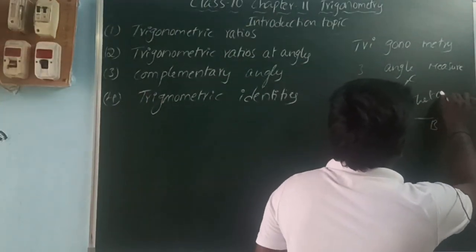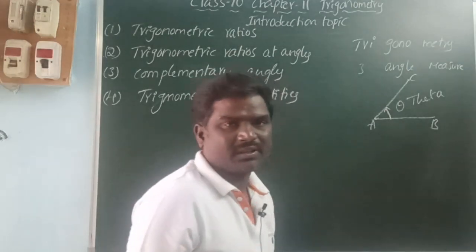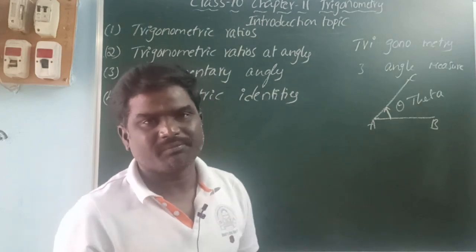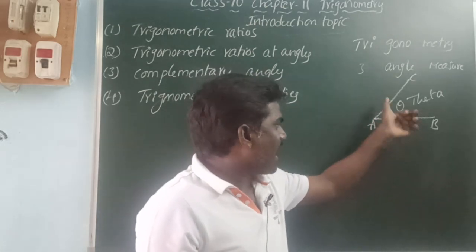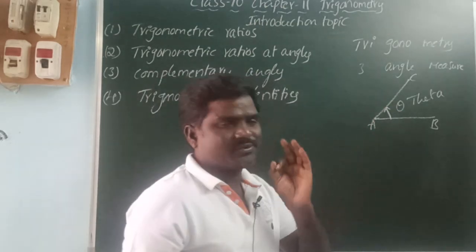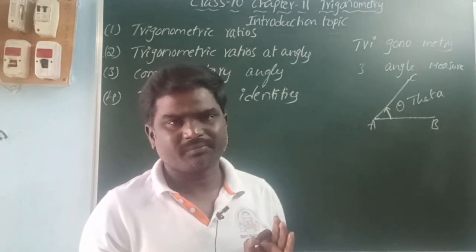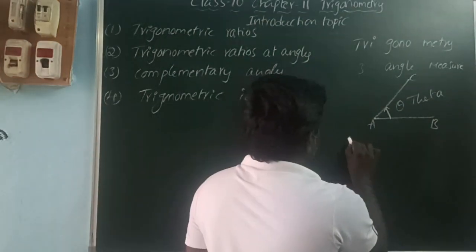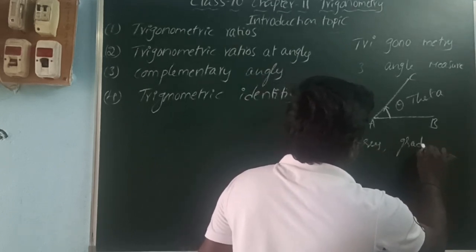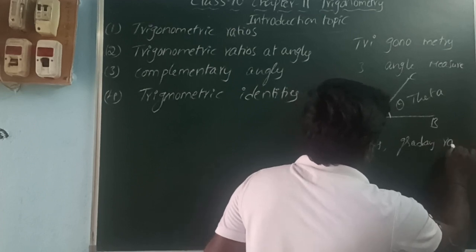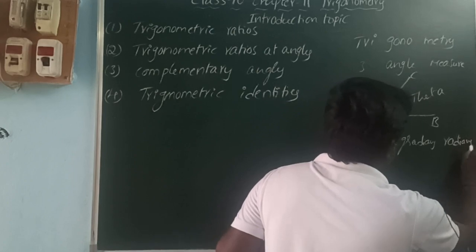So this rotation means it is moving. The distance measurement is called angle. Here the angle is measured in three types: degrees, gradients, radians.